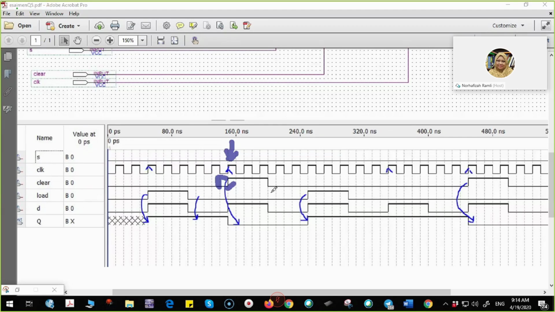Kan? Sebab kita nak clear kan. Jadi clear masuk dekat sini. So kalau you buat macam gambar macam ni kan, yang ni okay. Clock turun pada negative edge kan. Right? So by the time coming to this edge, memang clear 0.